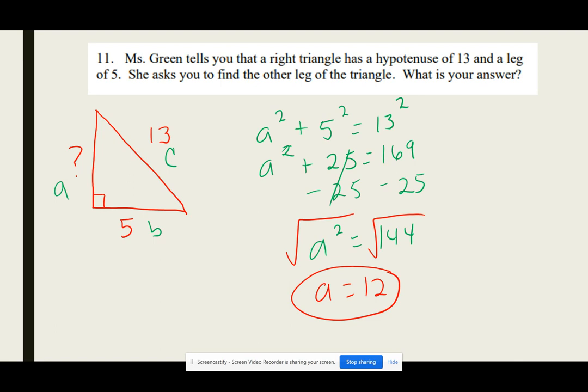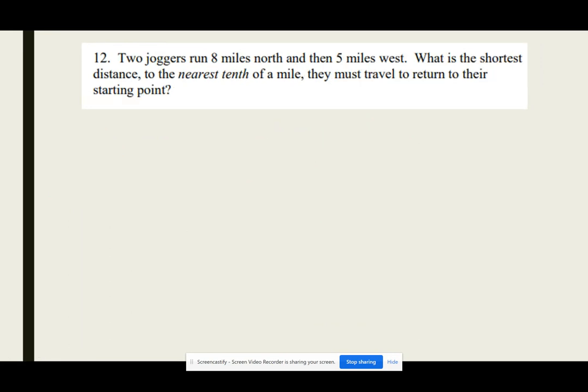Okay. So again, when it comes to the word problems, draw a picture. It makes it a little bit easier to understand, and try to label each part. All right, number 12. So this one says 2 joggers run 8 miles north and then 5 miles west. What is the shortest distance, to the nearest tenth of a mile, they must travel to return to their starting point? So again, we need to draw a picture.